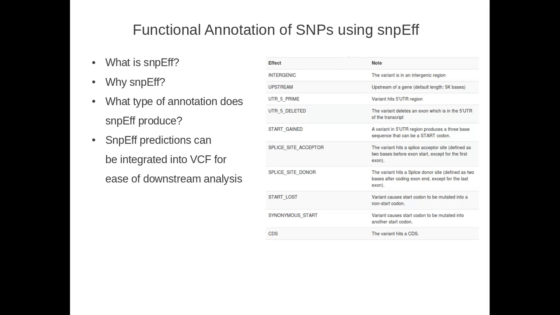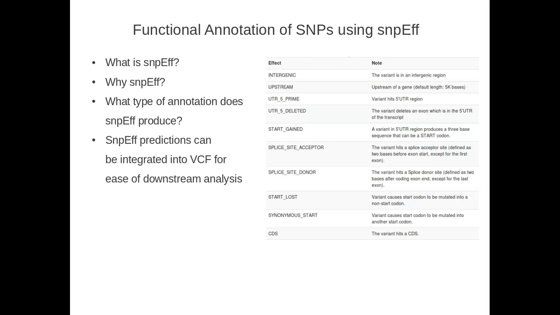And what I mean by annotation in this context is that we are taking the annotation available for a genome that gives what we call the structural annotation about the positions of various features in the genome, such as introns and exons, and we're taking that, which typically, as you know, comes in, say, a GFF or a GTF format, and we are then applying that to our SNP data set so that we can assign basic functions to our SNPs, such as what class of mutations they belong in.